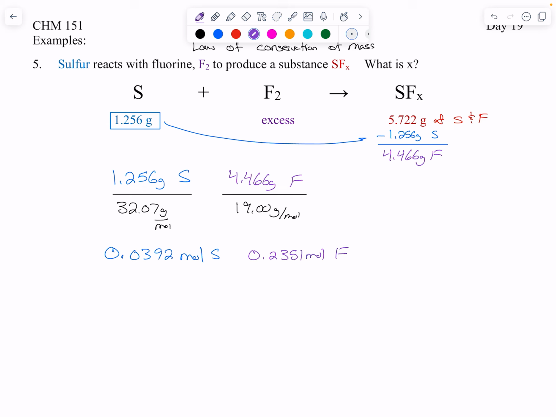Fantastic. Now, just like we did before, we're going to divide by the smallest to get a whole number ratio, 0.0392. And we get 1 for sulfur, and it looks like we get 6 for fluorine. So X is 6, so it's SF6.